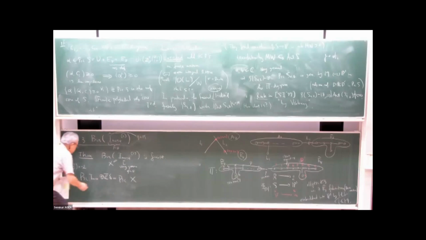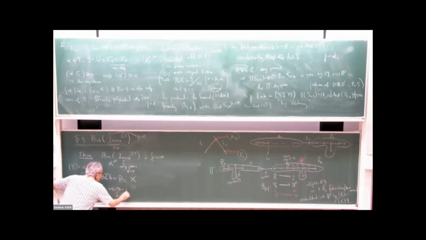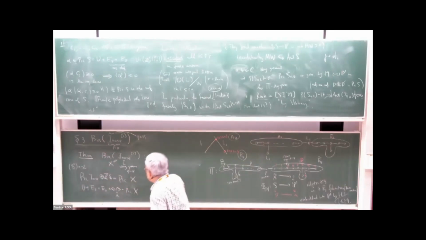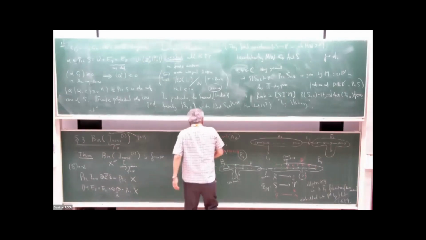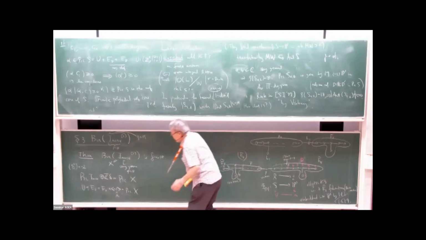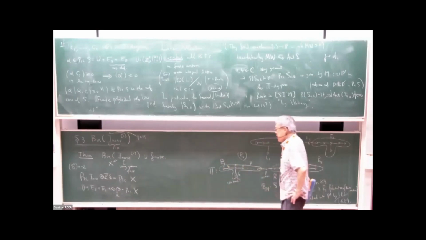And this Inose surface has Picard lattice U plus E8 plus E8, plus the -2, or you can say A1.